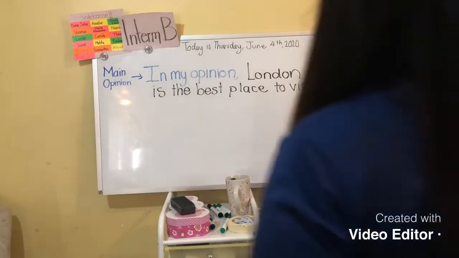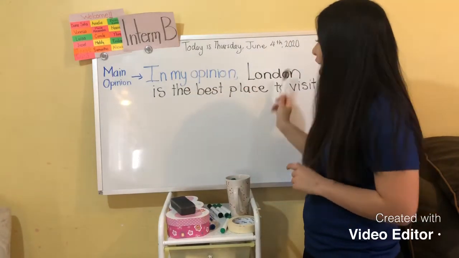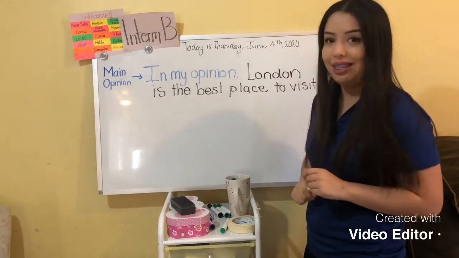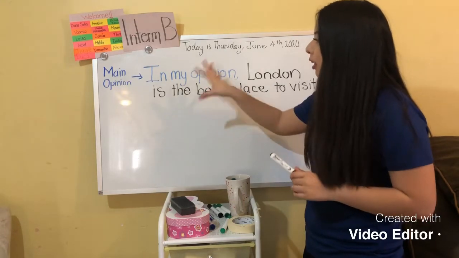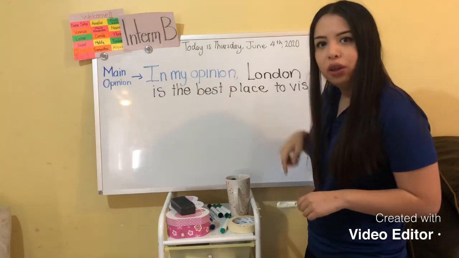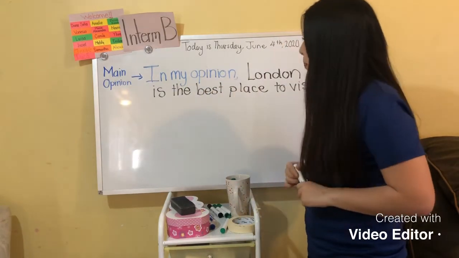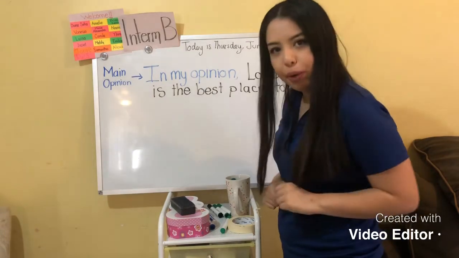Okay, so this is how we're going to start. In my opinion, London is the best place to visit. Okay, so we are starting the paragraph using the transition words that I showed you before. So this is the main paragraph. Let's go with the reason number 1.